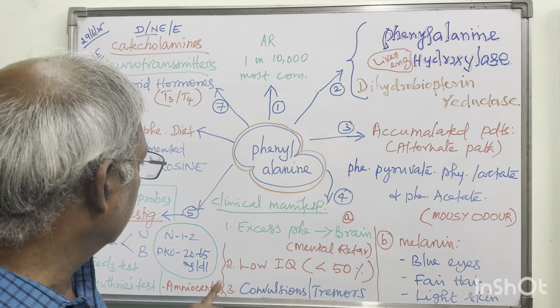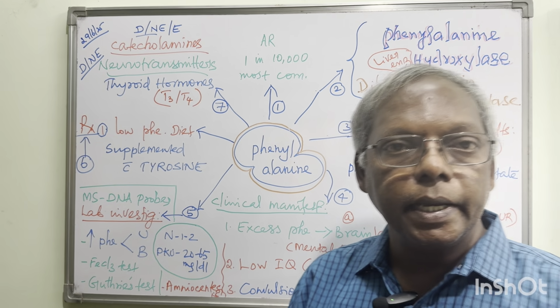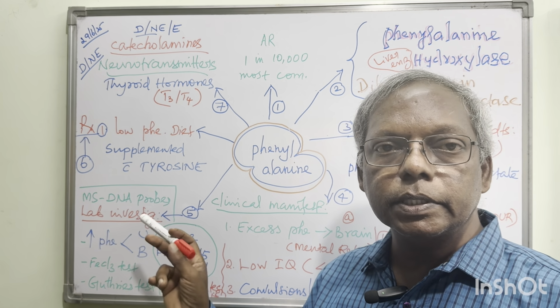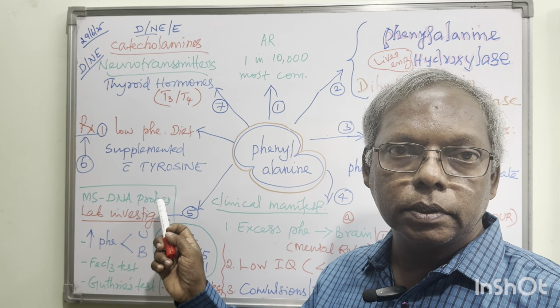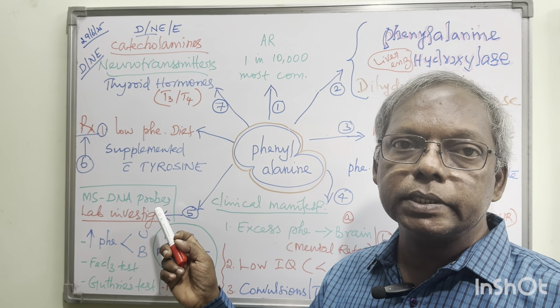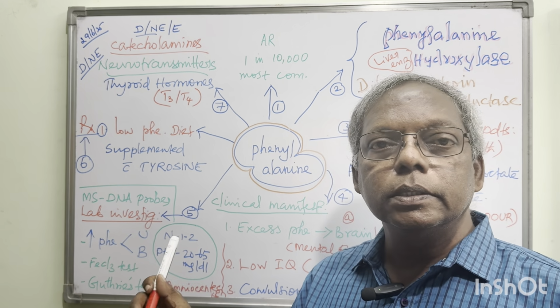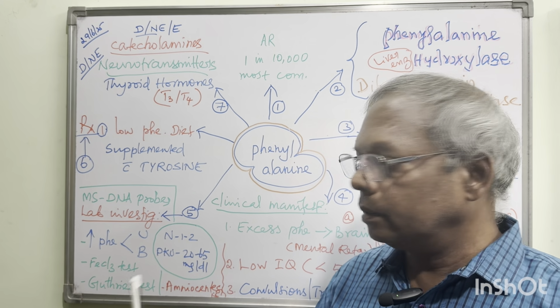Next one is laboratory diagnosis. Nowadays they are doing molecular studies like DNA probes, DNA arrays. The routine study is that phenylalanine is increased in urine and blood.